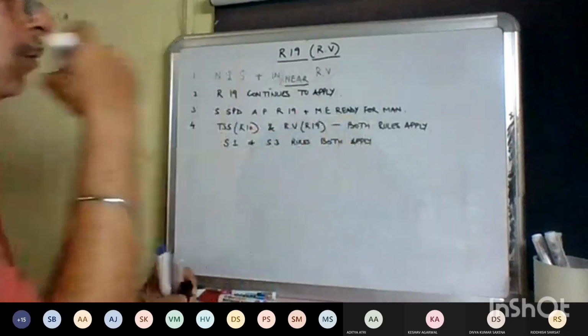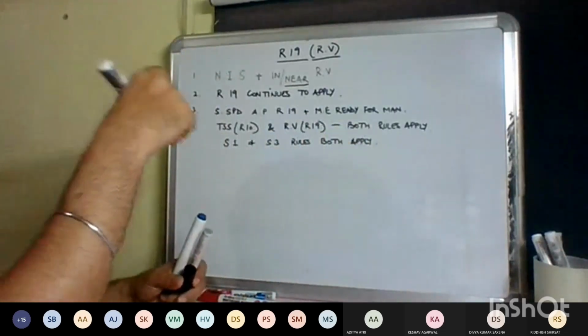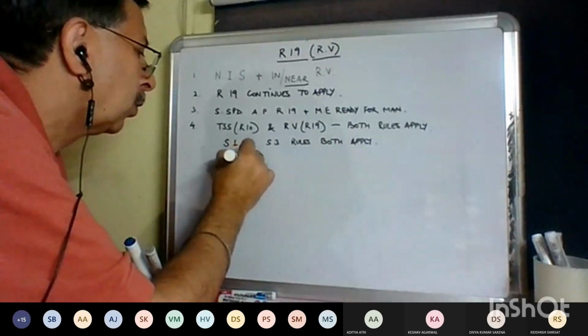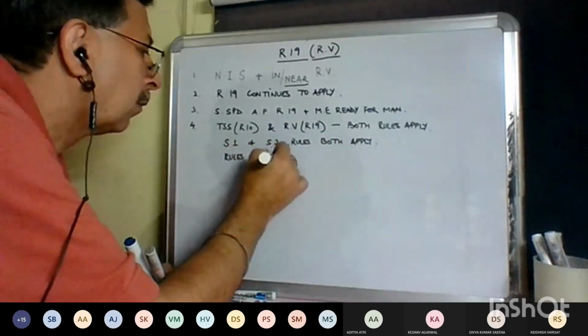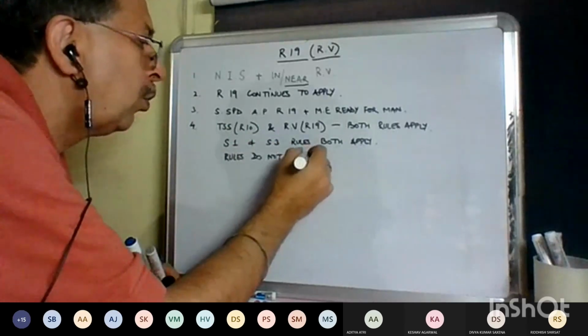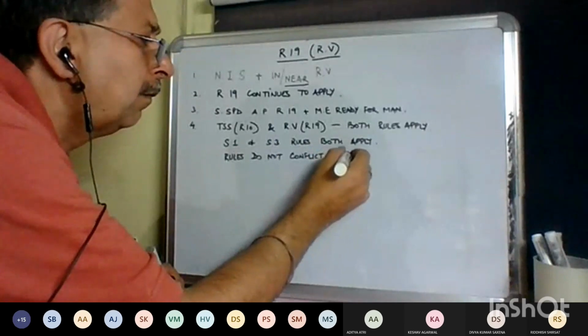But if you take action as per one rule, it will not contradict the other. Rules do not contradict, do not conflict with each other.